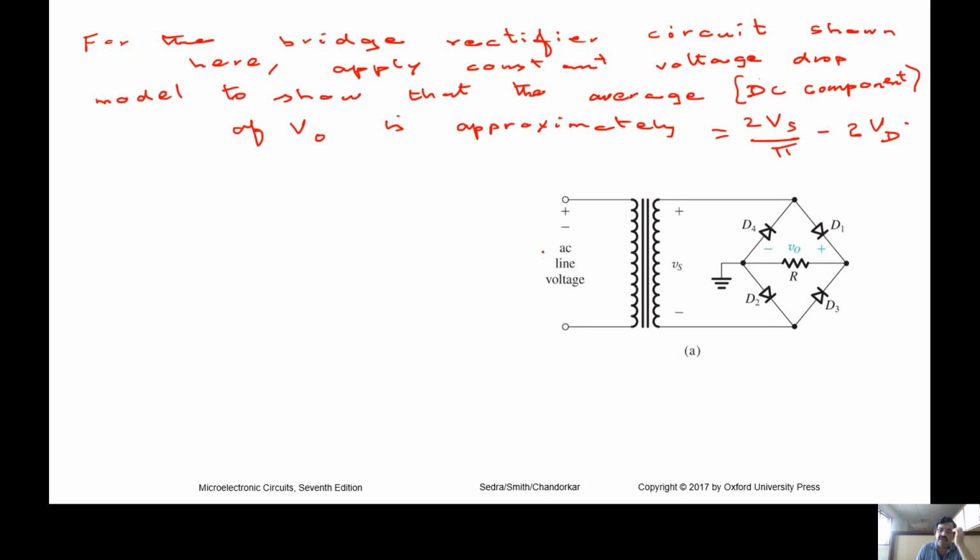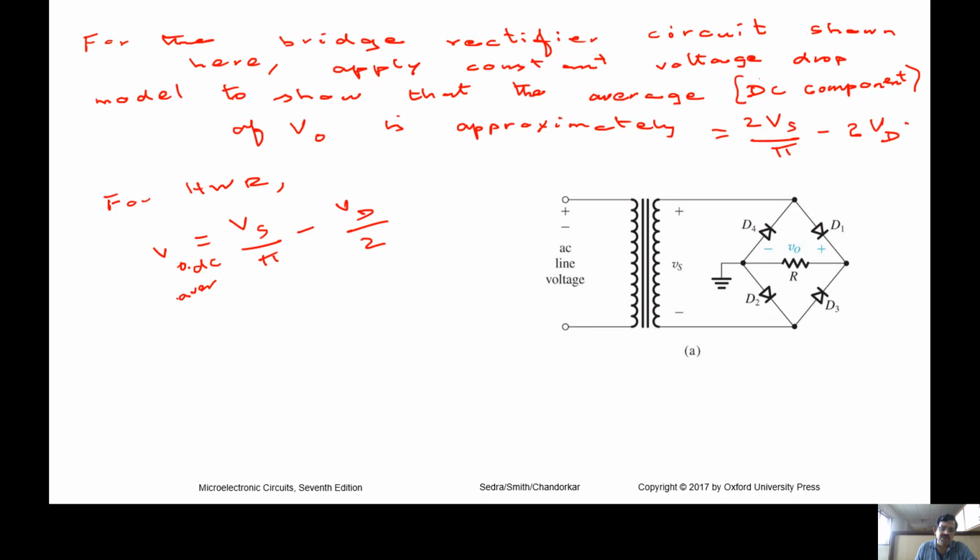Now we will extend the knowledge that we gained from the half wave rectifier and full wave rectifier to understand this. For the half wave rectifier, we already showed V0 equal to Vs by pi minus Vd by 2. So this is the DC average. I should write very precisely.